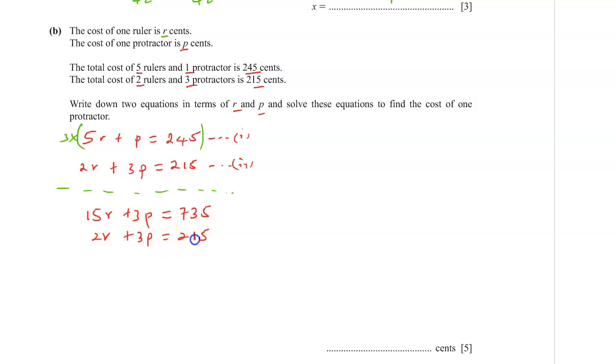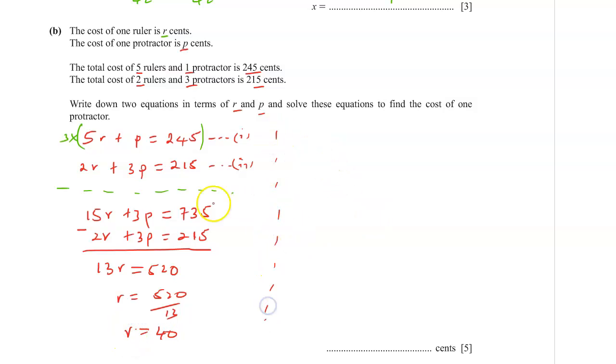So we eliminate P by taking a subtraction. It's going to be 13R, 3P minus 3P is 0, equal to 520. Therefore R is equal to 520 divided by 13, and therefore R is 40. So we substitute the value of R in one of the equations.